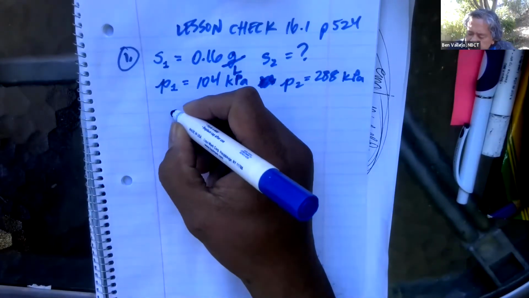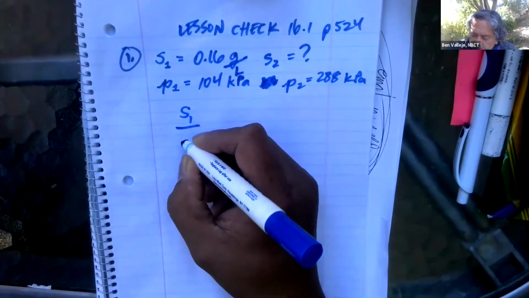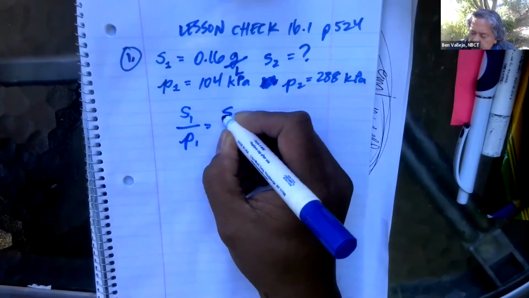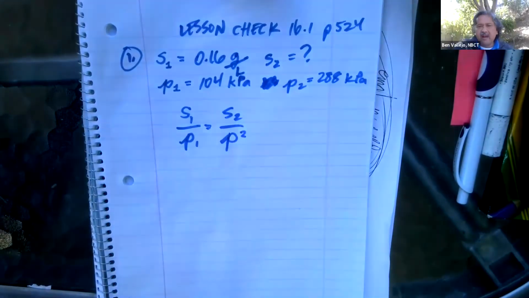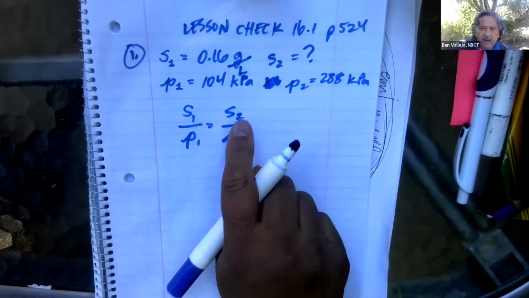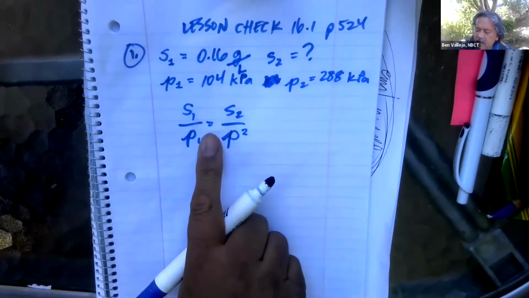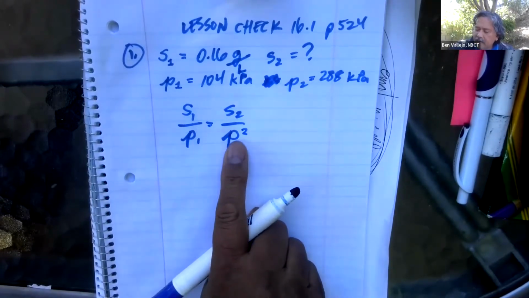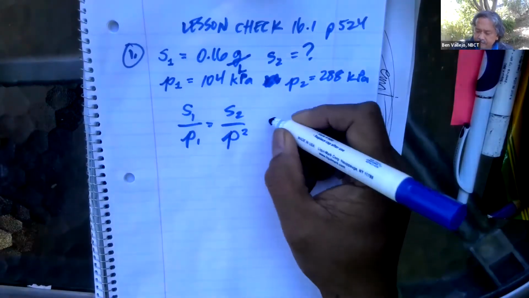All right, so Henry's law of solubility is S1 over P1 equals S2 over P2. So using algebra, all you got to do is solve for S2. So you want S2 all by itself. And to get S2 all by itself on either side of the equal sign, I need to get rid of this P2, that's in the bottom of this fraction.